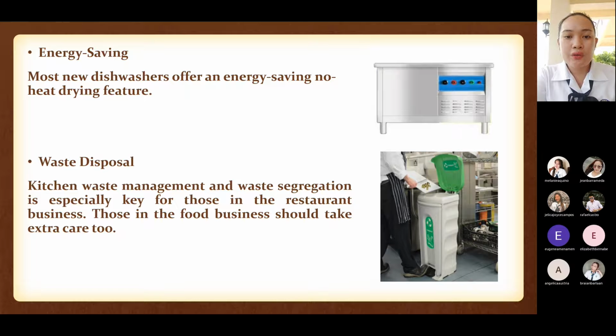Most new dishwashers offer an energy saving no heat drying feature. Waste disposal. A large majority of the waste that kitchens produce is food waste. Cleaning staff will usually consider these streams on a cleaning cart and transfer the waste to the appropriate dumper.